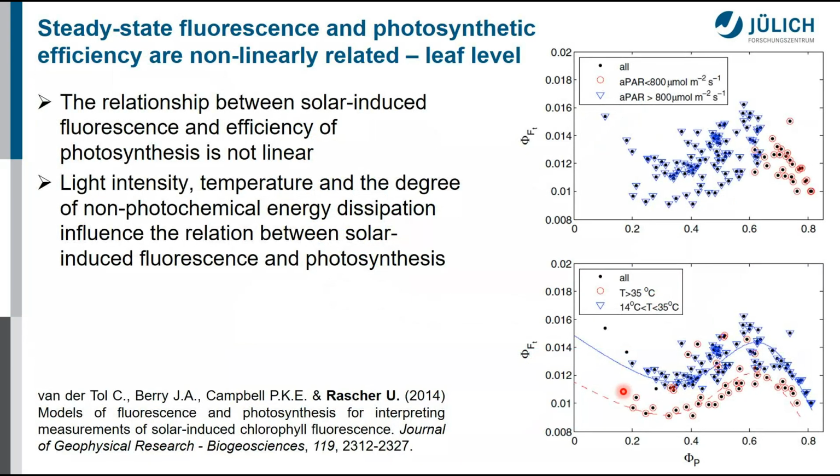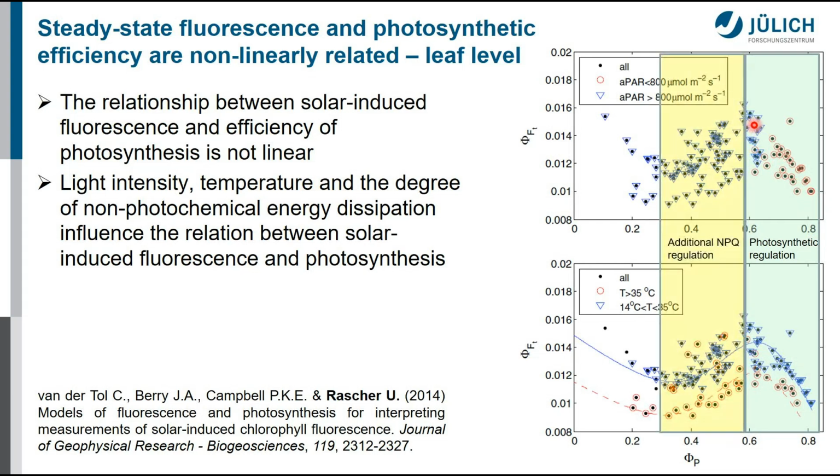And this is exactly what we see, and what we also know is now established in the community: we have different domains. We have a domain where only the photosynthetic apparatus is dominating. This is a little bit hard to read, but this is low light. With increasing light, the fluorescent signal increases, but still no additional regulation is necessary.